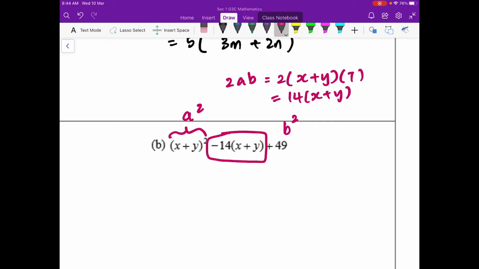So this means that this is now rewritten as a minus b, then it's squared. So a has a value of x plus y, minus b. b itself has a value of 7. Let me square this. Done. This is our a. This is our b.